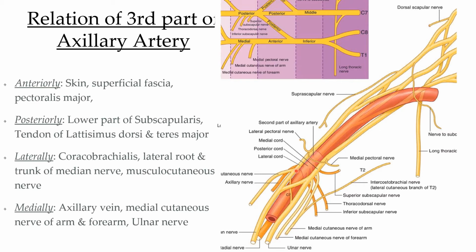This is lateral root of median nerve, which unites with the medial root of median nerve to form median nerve, which is related laterally with the third part of axillary artery. So that's all about the medial and lateral relation of the artery. Anteriorly, the third part of axillary artery is related with the skin, superficial fascia, and lower part of pectoralis major muscle. So with this, we end up the relations of axillary artery.